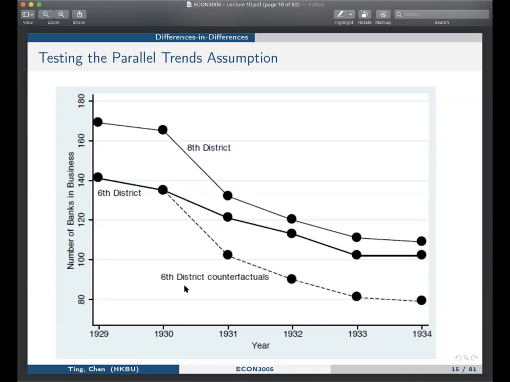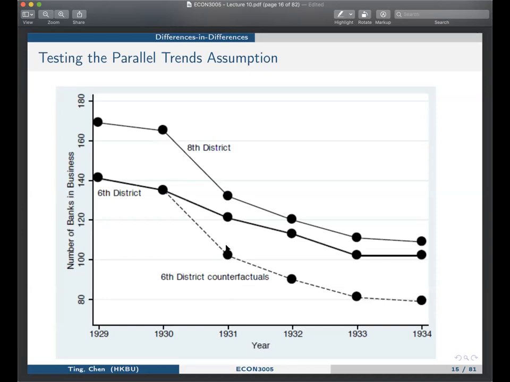So here in the 1930s, the actual treatment effect, as I said before, should be the distance between these 2 points, the observed outcome and the counterfactual outcome.